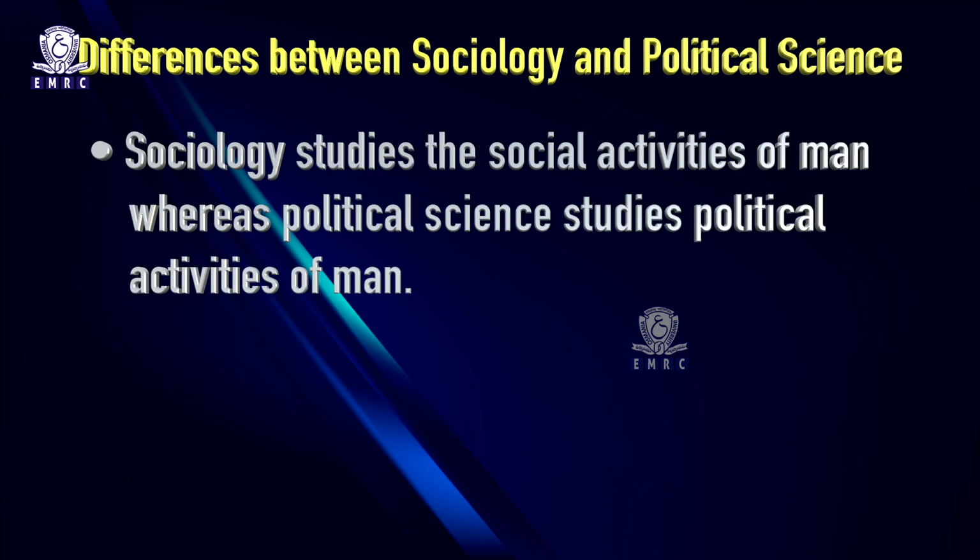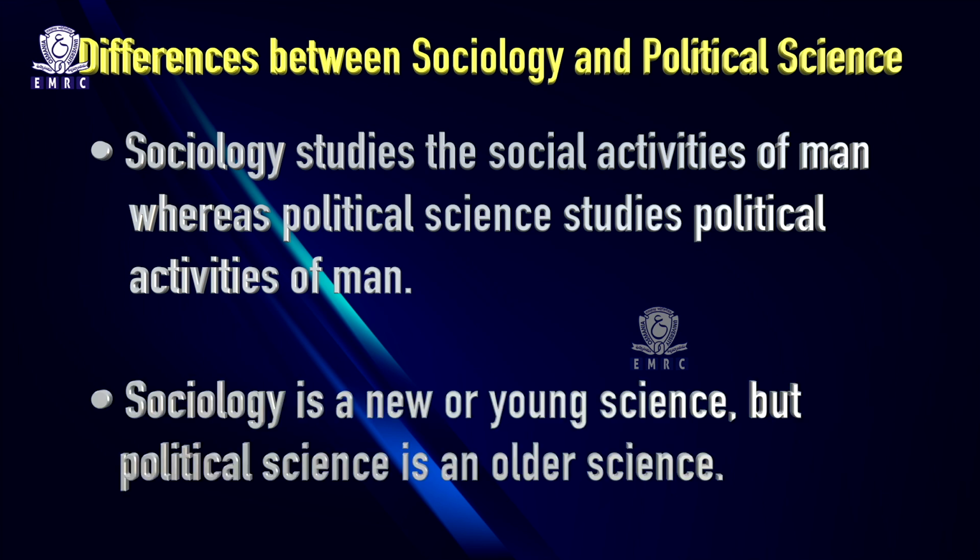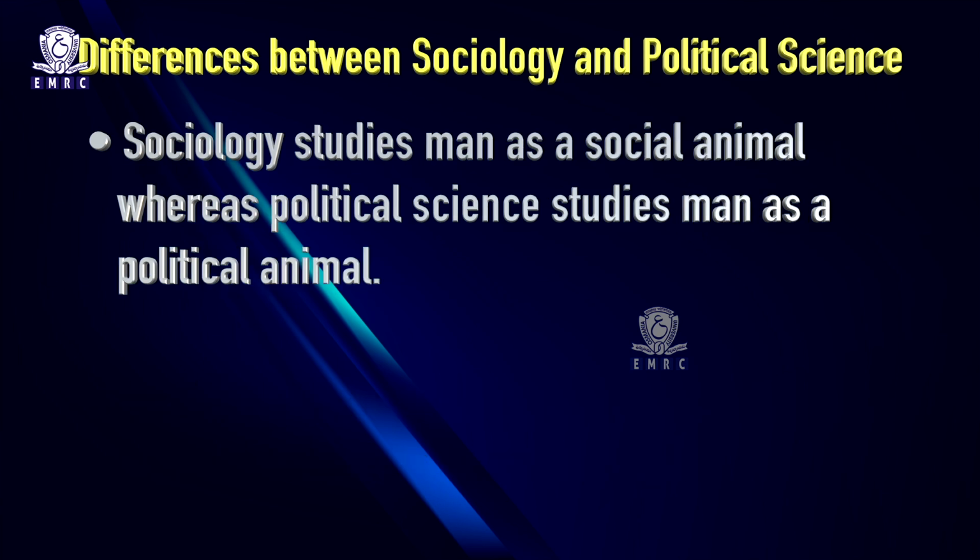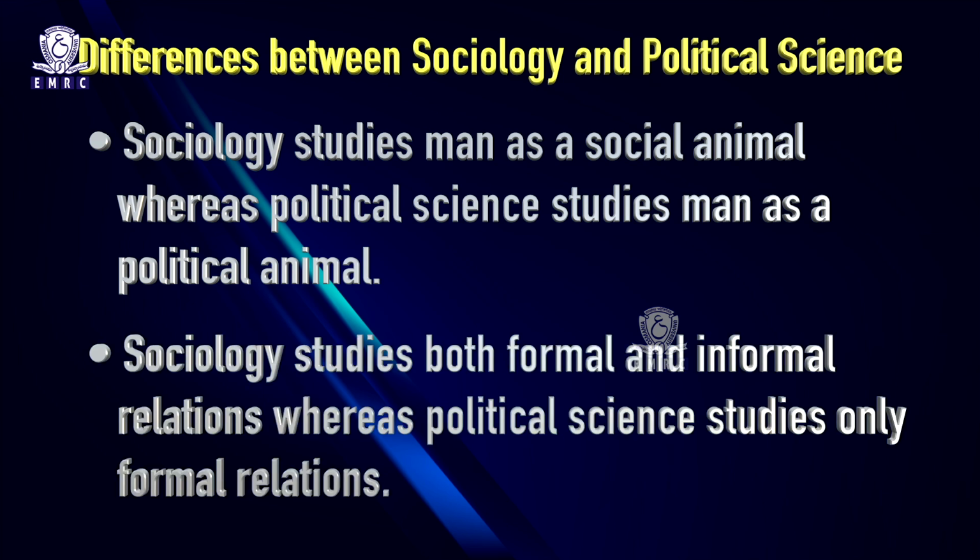Sociology studies the social activities of man, whereas political science studies the political activities of man. Sociology is a new or young science, but political science is an older science. Sociology studies man as a social animal, whereas political science studies man as a political animal. Sociology studies both formal and informal relations, whereas political science studies only formal relations.